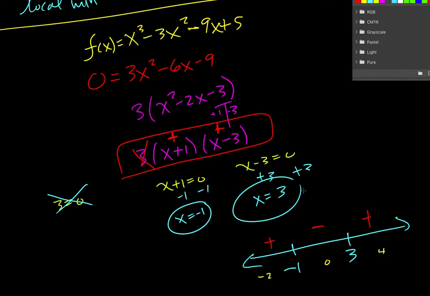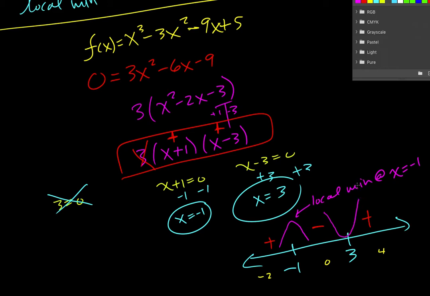Okay, now what we're going to do is just draw a rough sketch, but we're going to go up and then get to that point and go down. And so that's going to be a local maximum, at x equals negative 1. And then this one, since the slope is negative, we go down and then we come up.